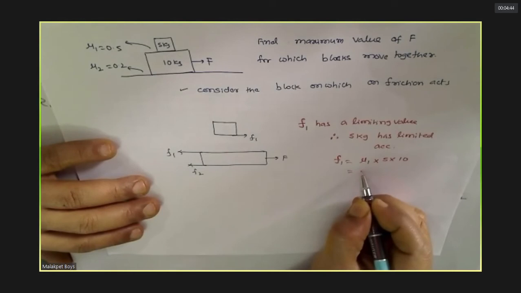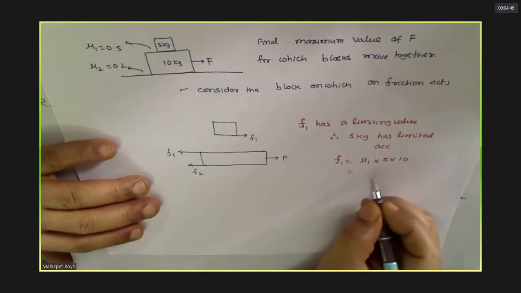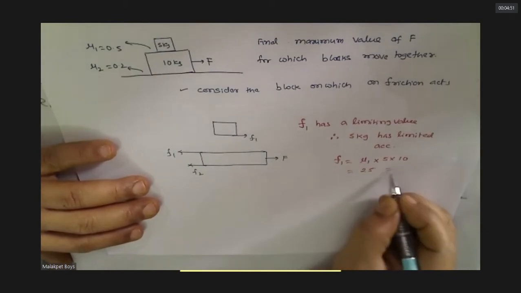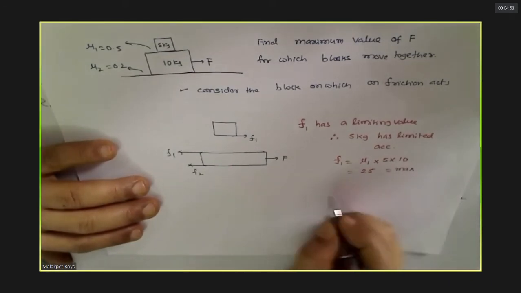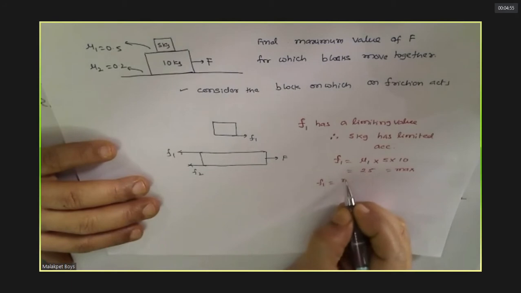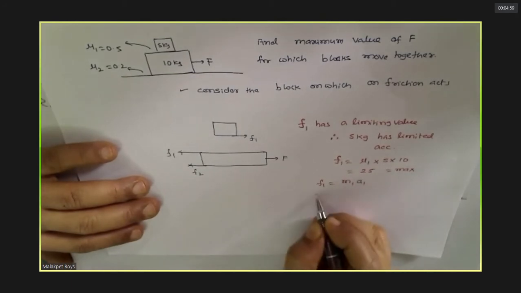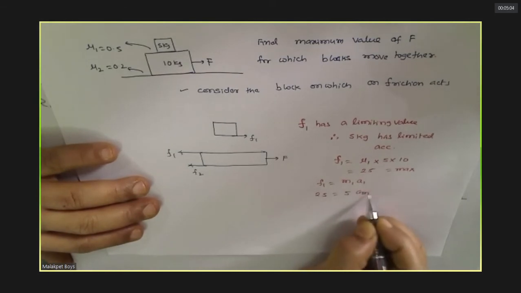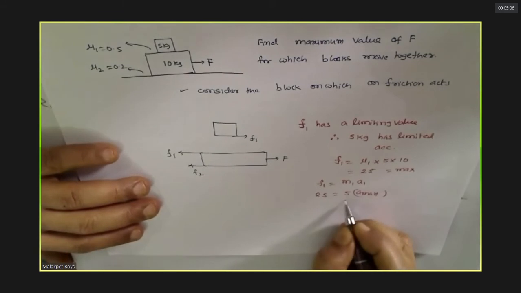This is 0.5 into 10 into 5, which is 25 Newton. So this is the maximum it can have. So this force equals ma. So this is 25, which means 5 into a max. That means what is a max?